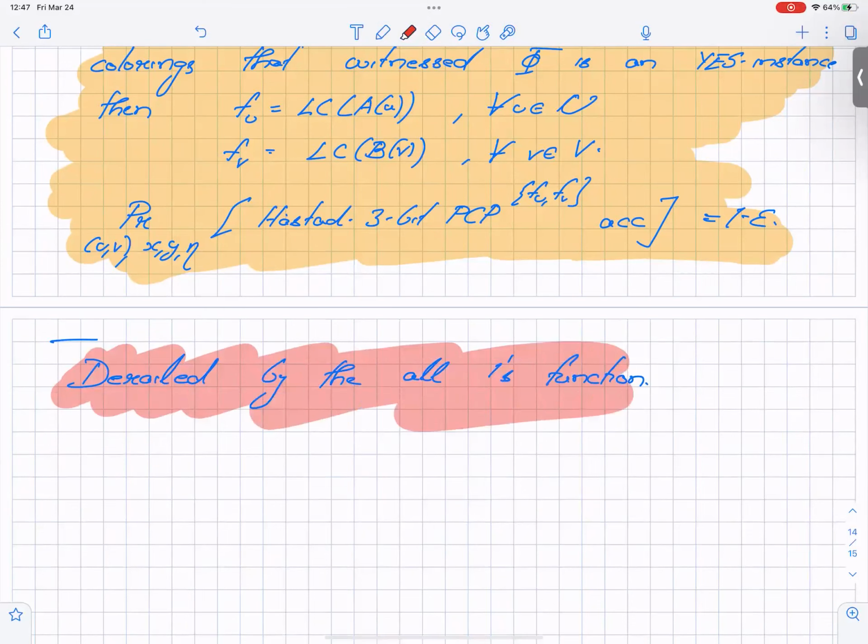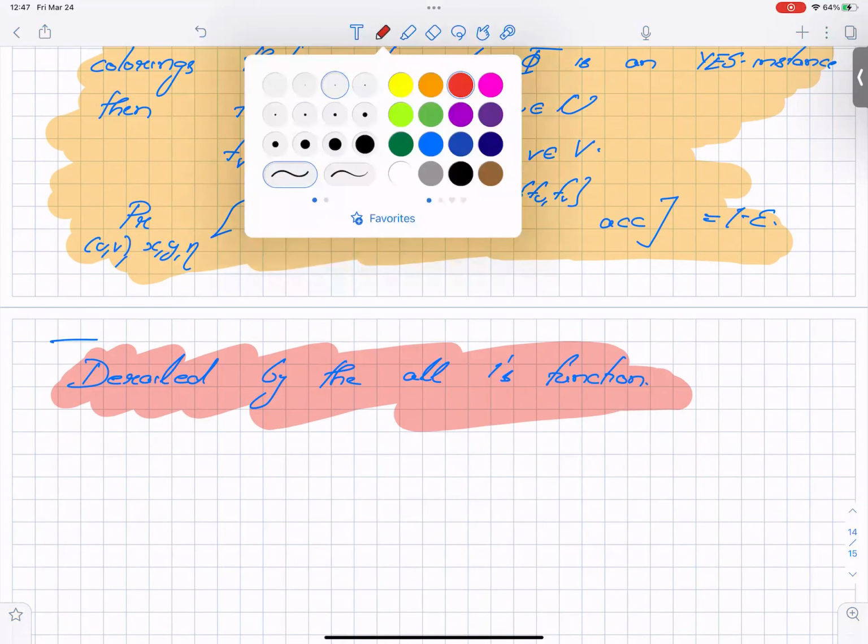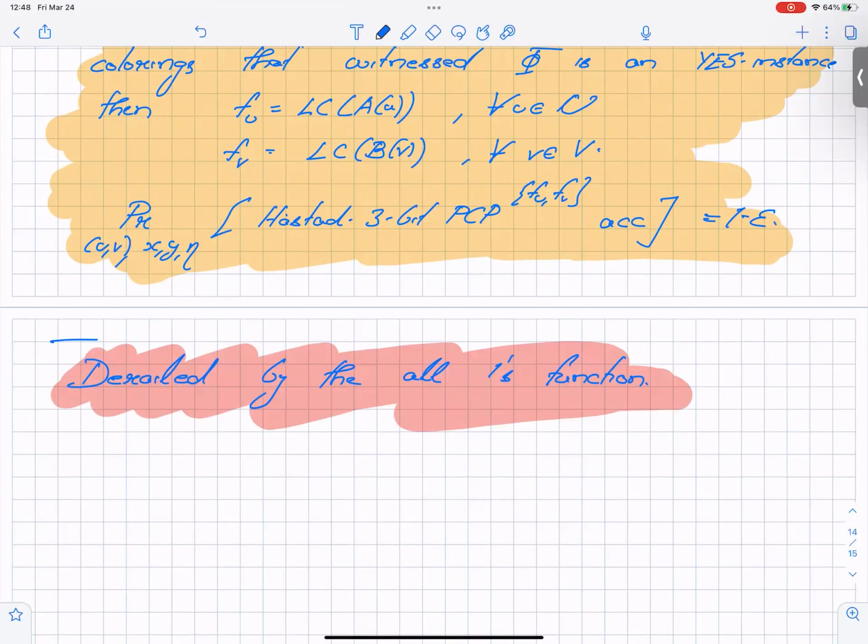Somehow we have to ensure that FU and FV being all ones is never a valid input that we care about.